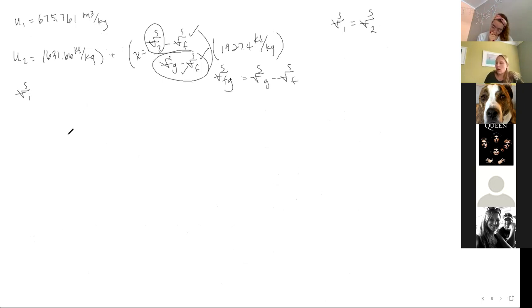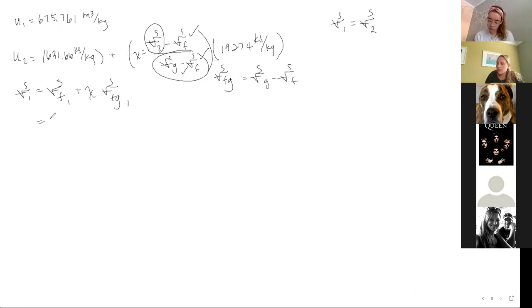All right, so our specific volume at 0.1 is our specific volume of our fluid at 0.1 plus our quality times our specific volume of our saturated liquid vapor at 0.1. That says 2, but I meant 1.